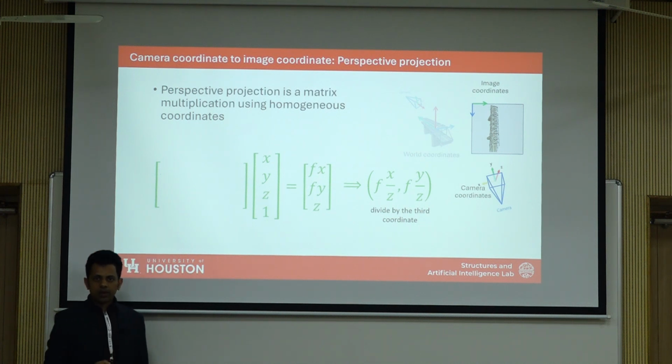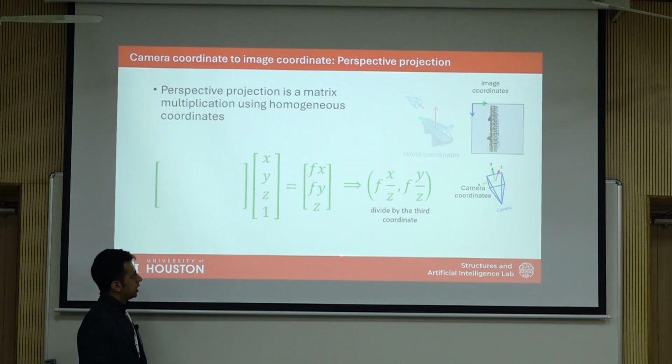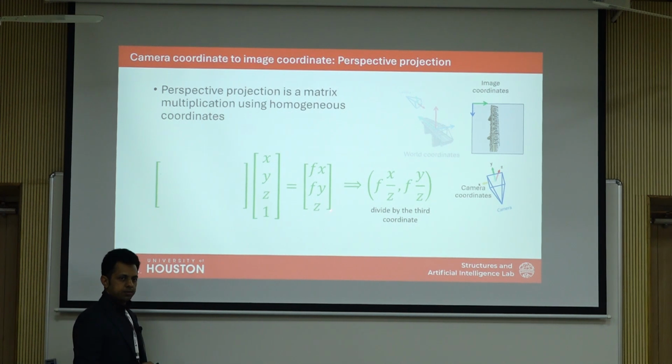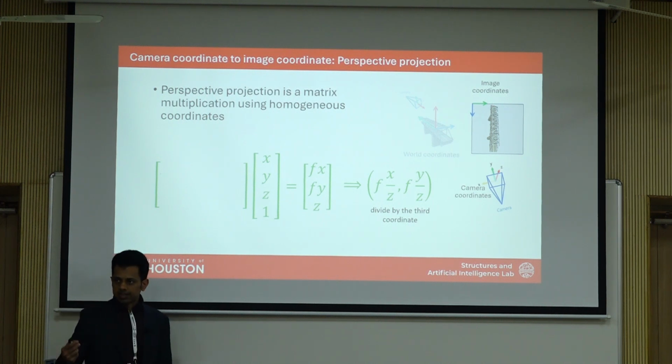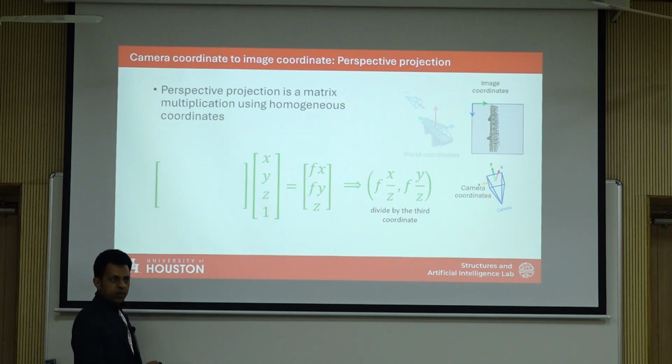We have fx, fy, and z. And why is this okay? Because in homogeneous coordinates, all points are the same up to a scale. And if we normalize this, we can divide by z throughout, and we get fx over z, fy over z, and 1. Right?